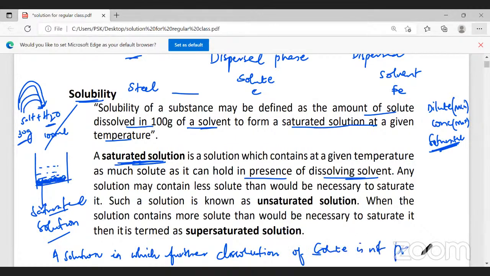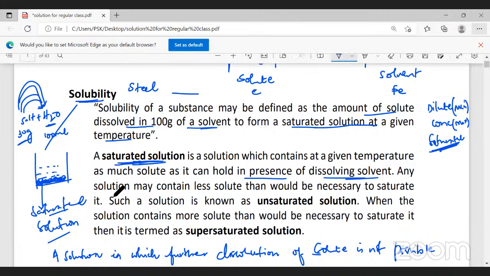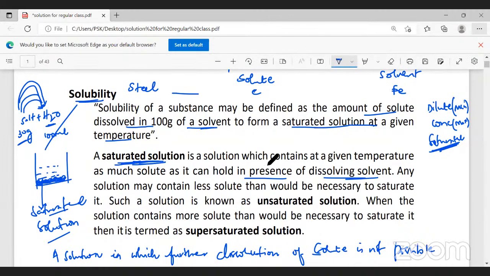Those kinds of solutions are called saturated solutions. Clearly, it says a solution which contains at a given temperature as much solute as it can hold in the presence of a dissolving solvent. Or you can write this as a definition. This seems to be simple. A solution in which further dissolution of a solute is not possible is called a saturated solution.